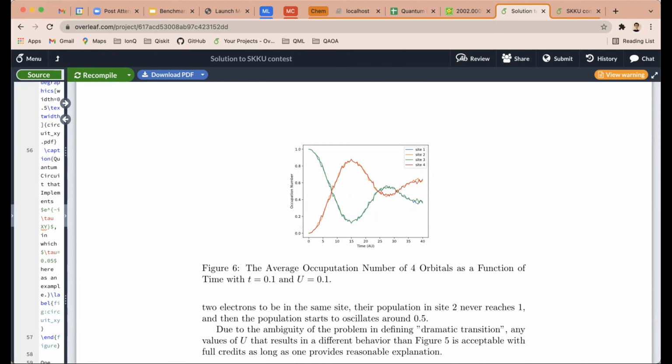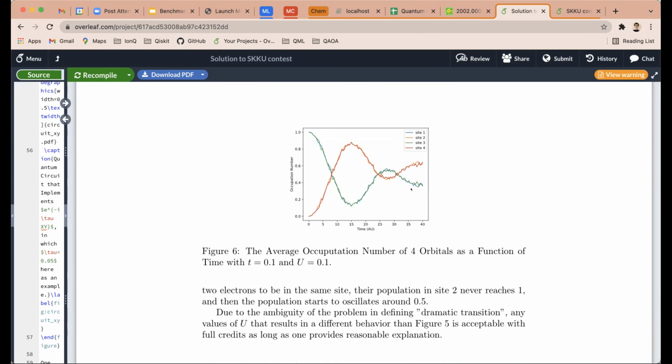However, there are some ambiguities in this problem in defining what is a dramatic transition. And if you keep increasing U, you will see a different behavior than this.